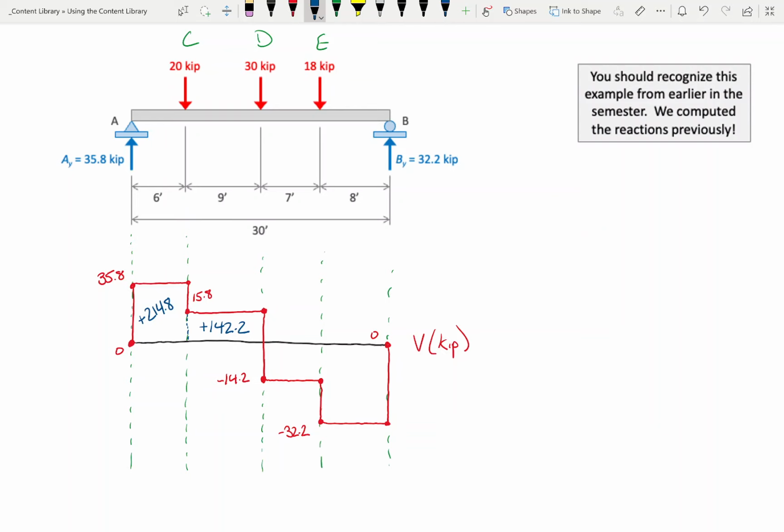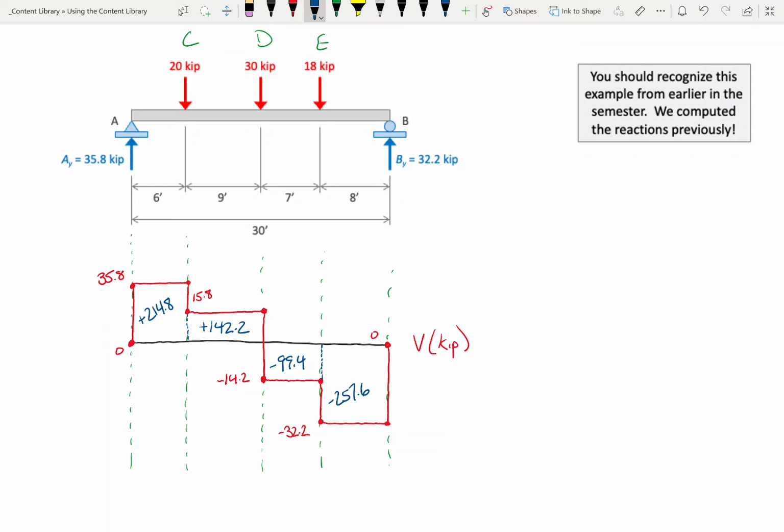We're going to do the same thing. What's 14.2 times 7? Negative 99. So negative. And what about this last one? 32.2 times 8. Okay.